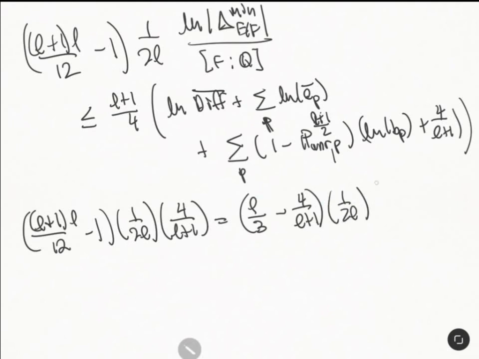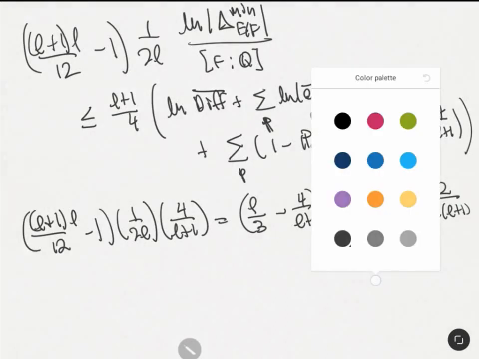And then we have, so this is equal to 1/6 minus 2 over L times L plus 1. So this here is the 1/6.